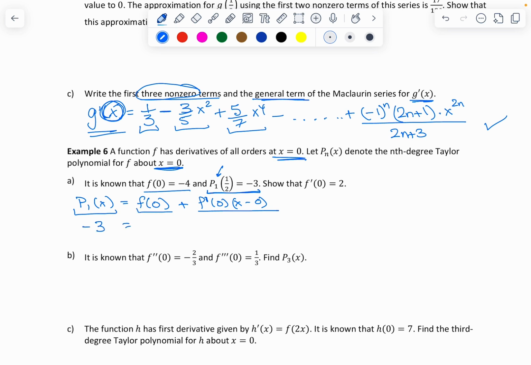We know what f of 0 is. That is equal to -4. Plus, we want to show that f prime of 0 is 2. So that means we want to solve for f prime of 0. We don't really know that it's 2 yet. And that's going to be times x.